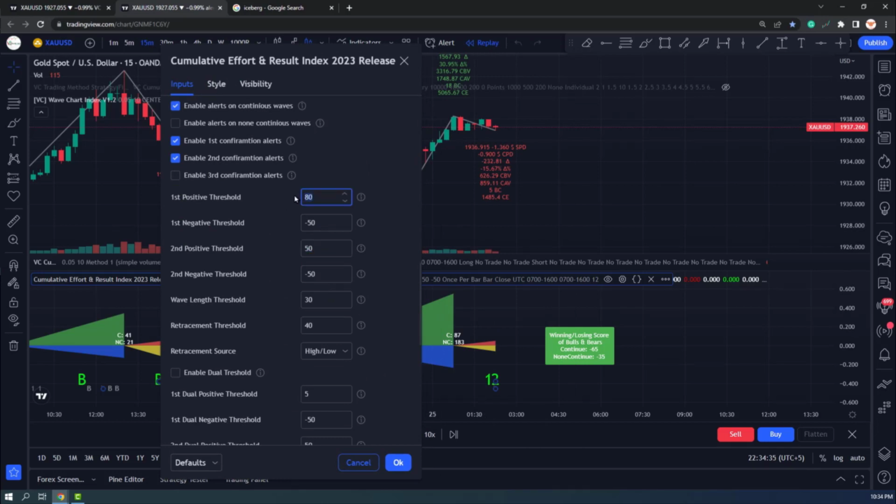Similarly to the first positive and negative threshold, there are second positive and negative thresholds as well. The same functionality as we discussed earlier. These are results. All these are results.